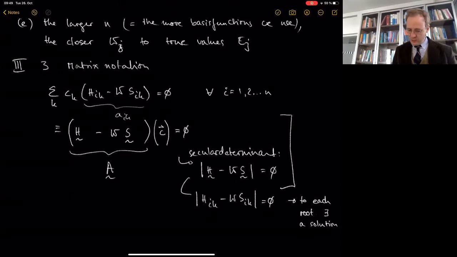To each root j, there's a solution vector Cj. Right?